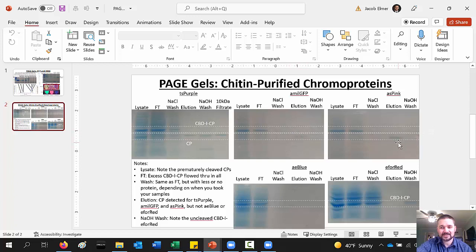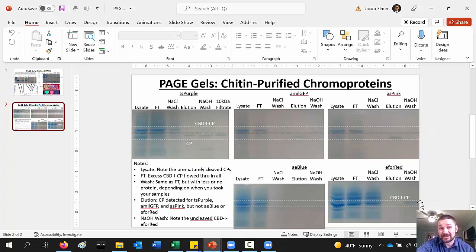And same thing for AS pink. We see the fusion protein here, but then after we cleave it at low pH, all we see is this protein over here. Okay. AE blue, we started with nothing, we ended with nothing. E4 red, we started with the fusion protein, and it looks like it just never cleaved, even in that sodium hydroxide wash. So E4 red, we'd have to go back to the drawing board there.